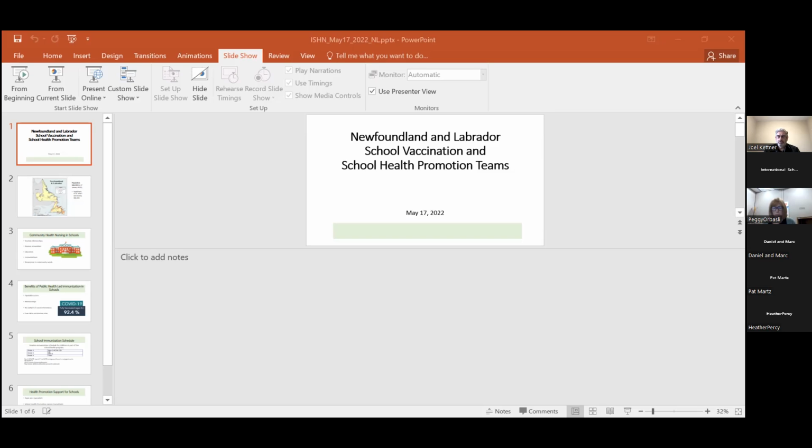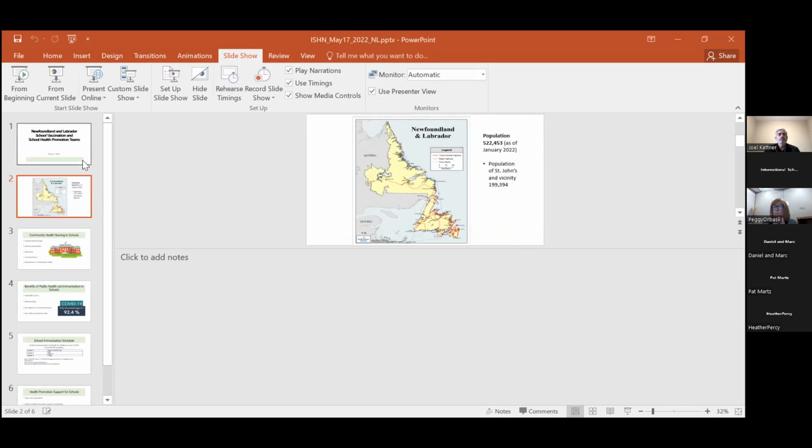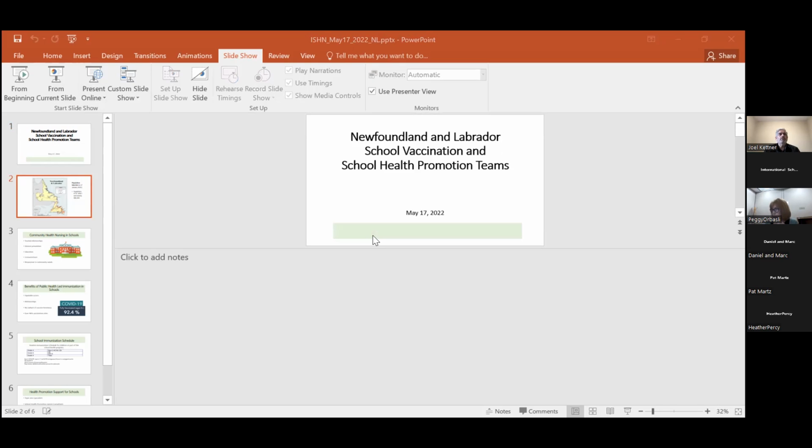Peggy, the slides are still in the slide mode on my screen. I'm not sure if everybody's seeing it differently. That's how I'm seeing it too. Did it progress to the map? No, we didn't. If you start from the beginning, over on the left-hand side. Do you see that first slide? Yes. Do you see the second one now? Yeah, but it's just in the small mode, not the full screen mode. We're just seeing your speaking notes mode. I've got two screens. How do I get out of this?